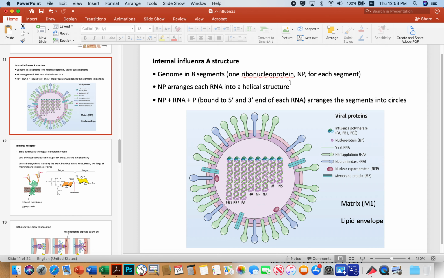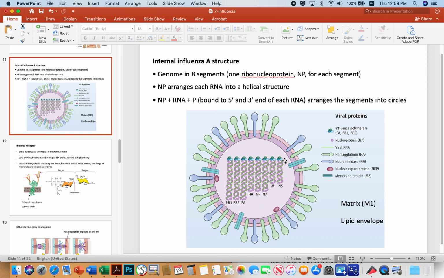The nucleoproteins arrange each RNA into a helical structure, and so again, there's a polymerase here at the tip, and then there's a helical RNA, and again, it's a single strand of minus strand RNA.